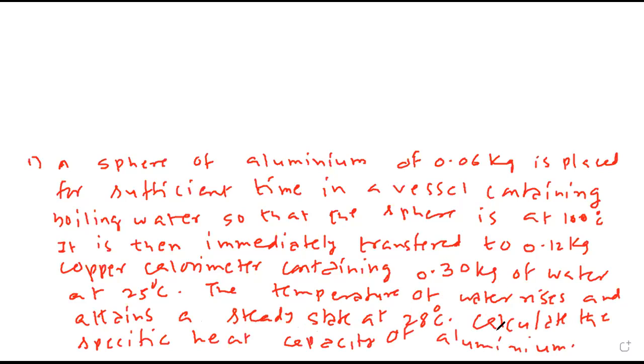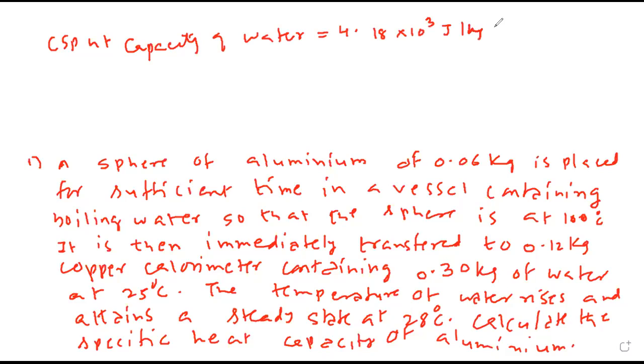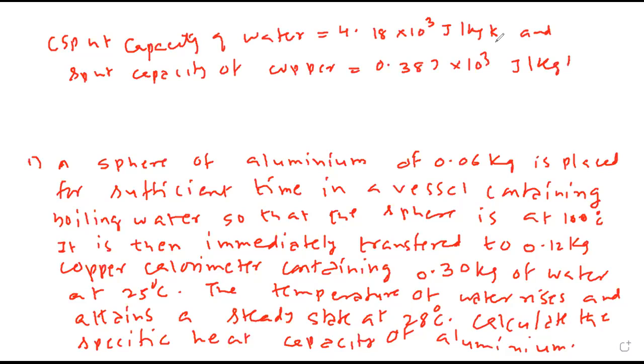Specific heat capacity of water equals 4.18 into 10 raised to 3 joules per kg Kelvin, and specific heat capacity of copper equals 0.387 into 10 raised to 3 joules per kg Kelvin.